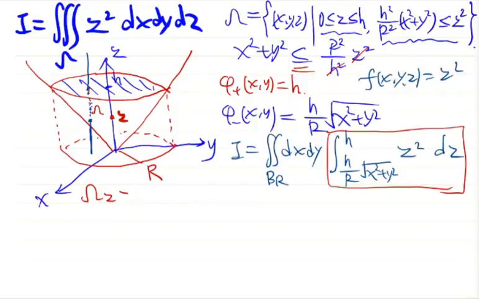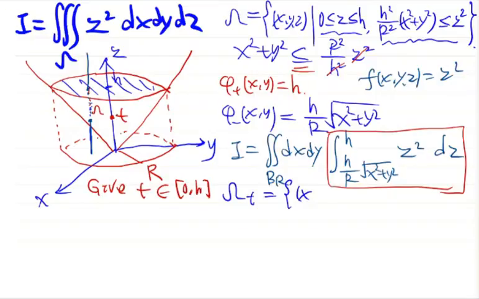Maybe z equal to z is quite strange. Maybe I will use another letter, t. So given t between 0 and h, our omega t is the projection of the intersection of the plane z equal to t with our domain.